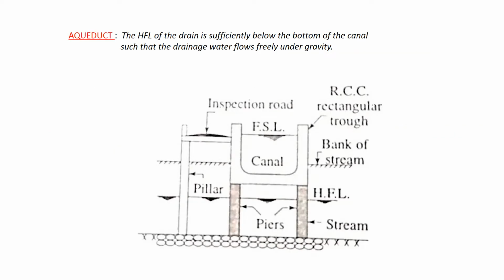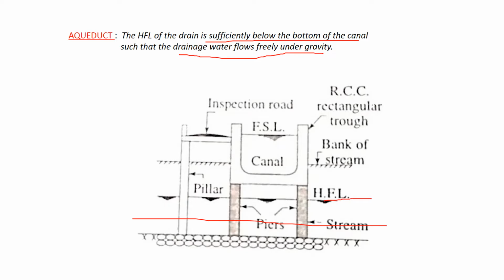Now moving on to the aqueduct. As per the definition, an aqueduct is a hydraulic structure where the high flood level of the drain is sufficiently below the bottom of the canal such that the drainage water flows freely under gravity. Here in the figure we can see that this is the stream and this is the flood level of the stream.